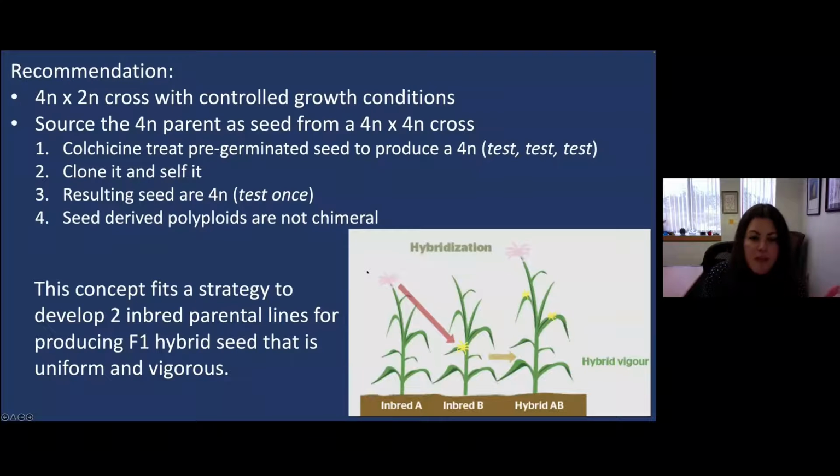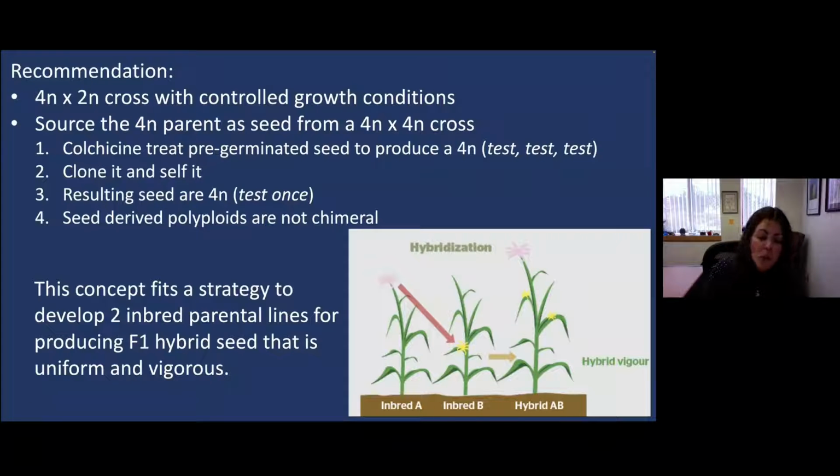So based on all of the crosses that we've done, we feel pretty confident recommending to go with the tetraploid by diploid cross with as controlled an environment as possible. Also, source that tetraploid parent from seed from a tetraploid by tetraploid cross.